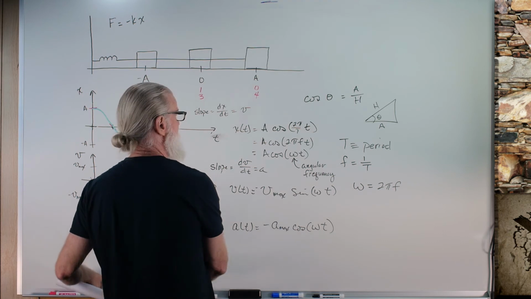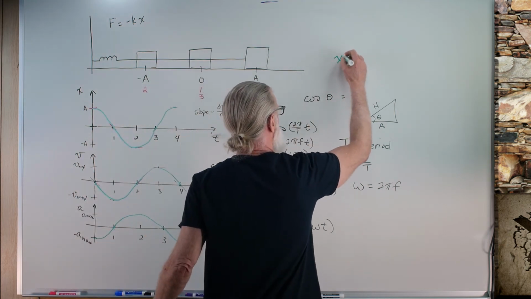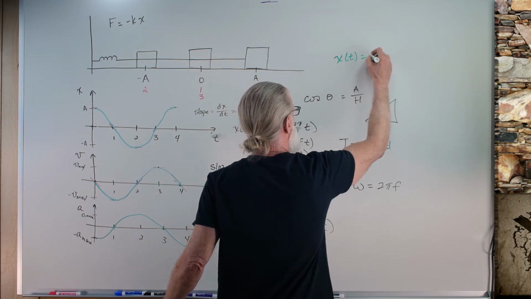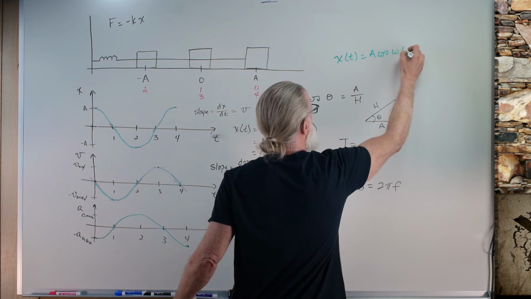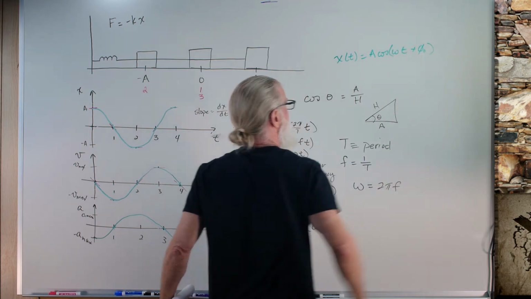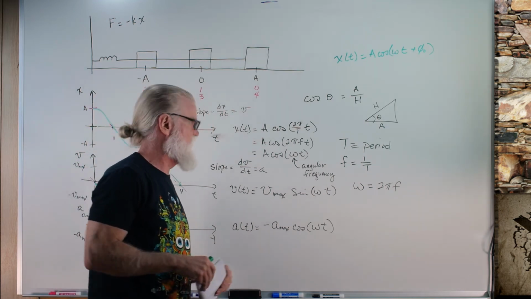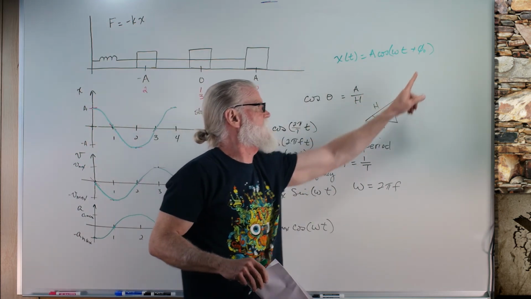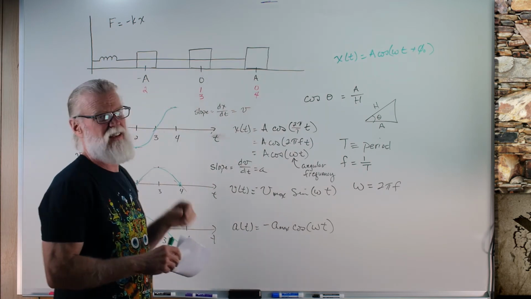We're going to describe this oscillator: x of t equals A cosine of omega t plus some phase constant. That's called the phase constant. And this tells us, where is this thing along this cycle when t equals 0?